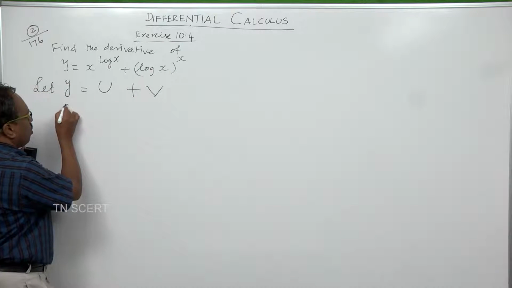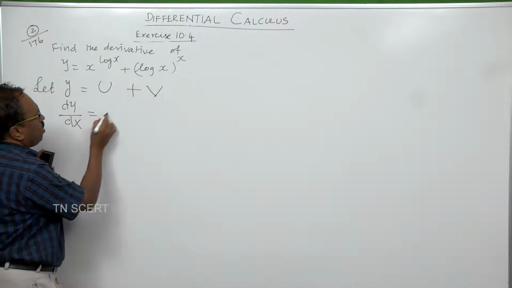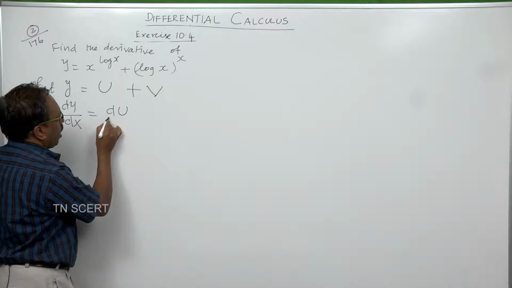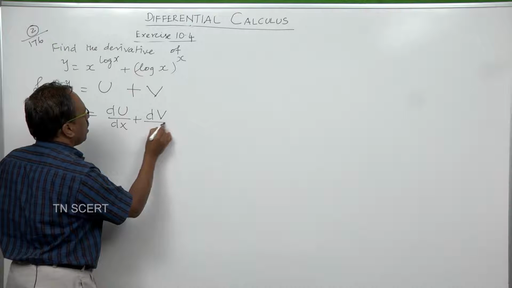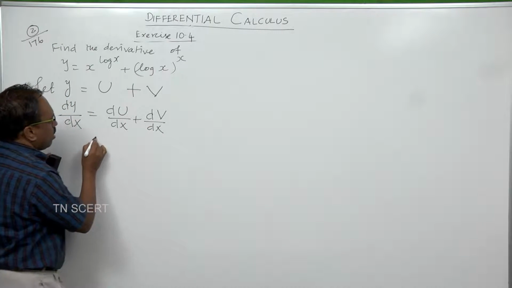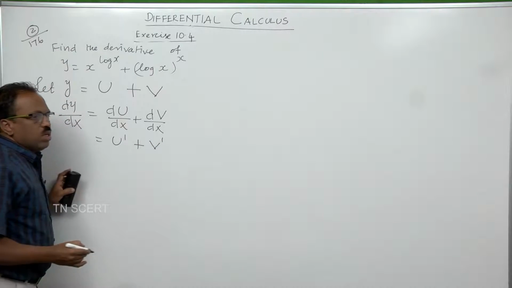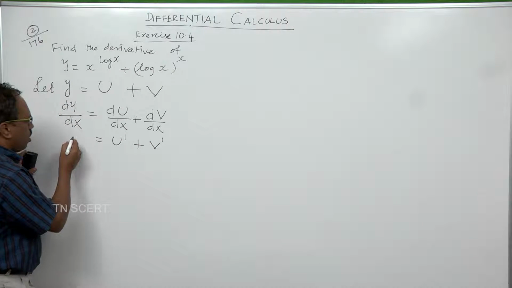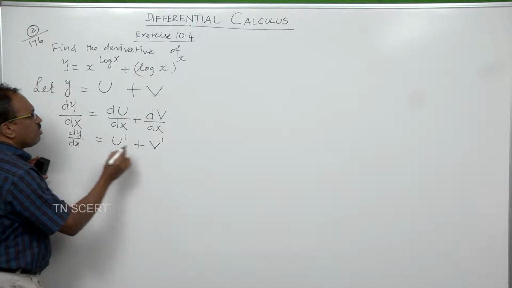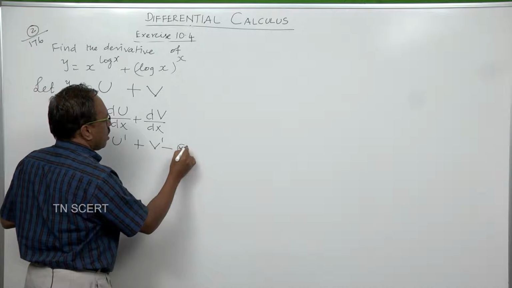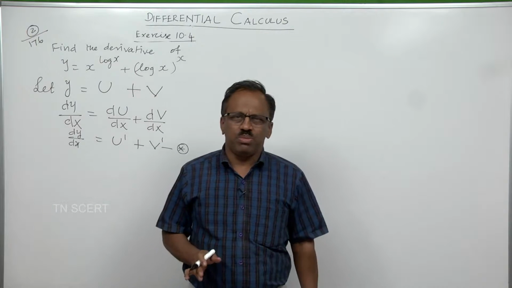After differentiation of both functions, we get dy by dx equals du by dx plus dv by dx. In other words, this is u dash, this is v dash. This is what I wanted to get, and let me mark it with a star. This is what I wanted to do for the entire problem.